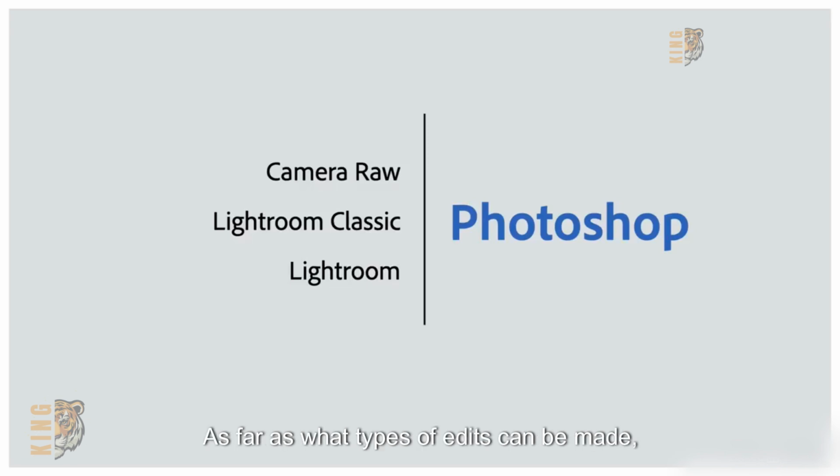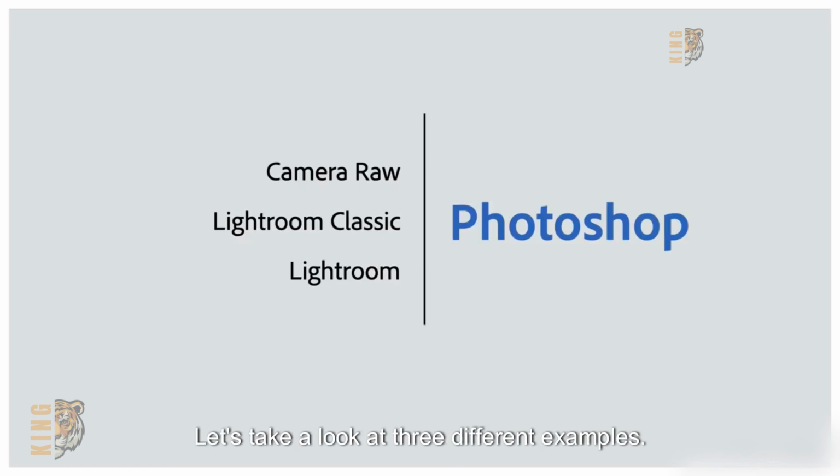As far as what types of edits can be made, the Camera Raw technology excels at adjusting and enhancing color and tone and contrast in images, and these adjustments can be applied to either the entire photograph or to a selective area within the photograph.